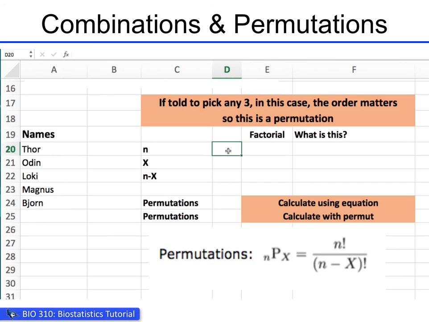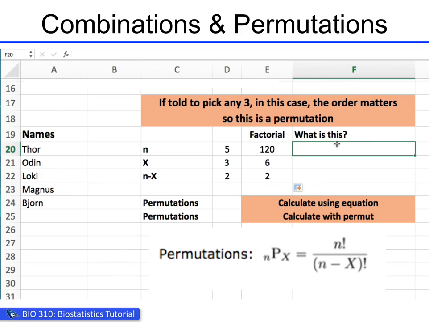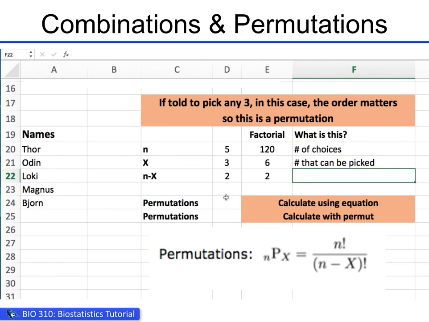Alright, so here again we have n is equal to 5, x is equal to 3, okay, and then again just n minus x, and then if we want our factorials, now you could just copy this from above because you know it's the same, okay, and again this n is going to be the number of choices, and this is the number that can be picked.